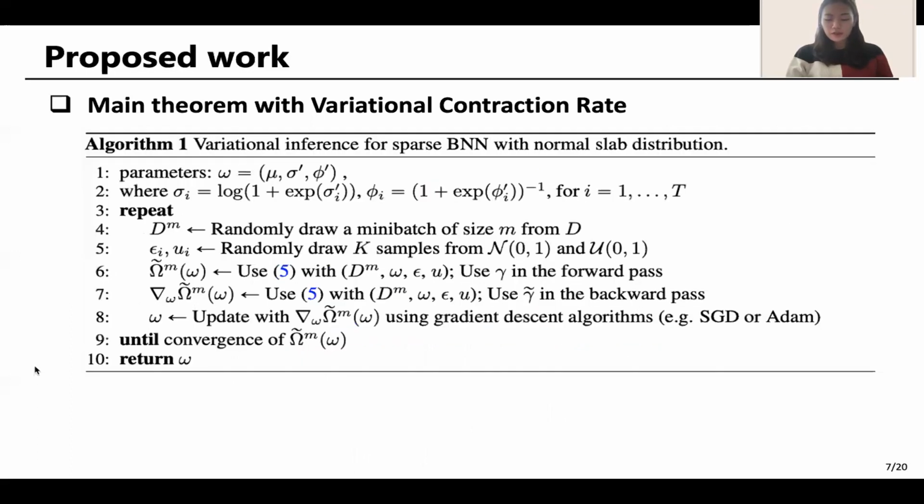The complete variational inference procedure with Gumbel softmax approximation is stated in Algorithm 1. Gumbel softmax is used to reparameterize the discrete variable by a continuous system via stochastic gradient optimization.